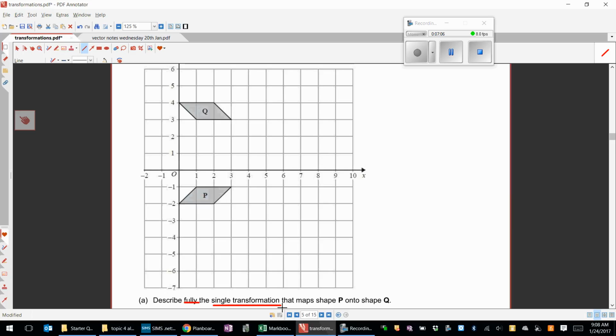This one, however, it could be a reflection. Could it be a rotation as well? Yeah. Maybe could be a rotation as well. But I'll tell you what, let's go for both options.